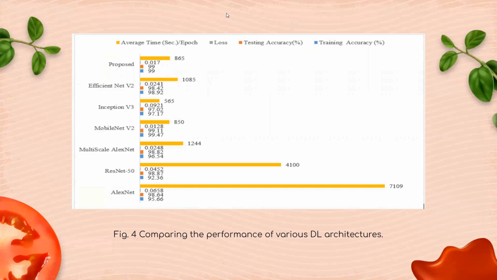The average time per report taken by our proposed network is 865 seconds. So if you consider all the parameters, our proposed network is better than all the other DL architectures. The training accuracy and testing accuracy is found to be 99%, and the loss is found to be 0.017. Now moving on to conclusion.